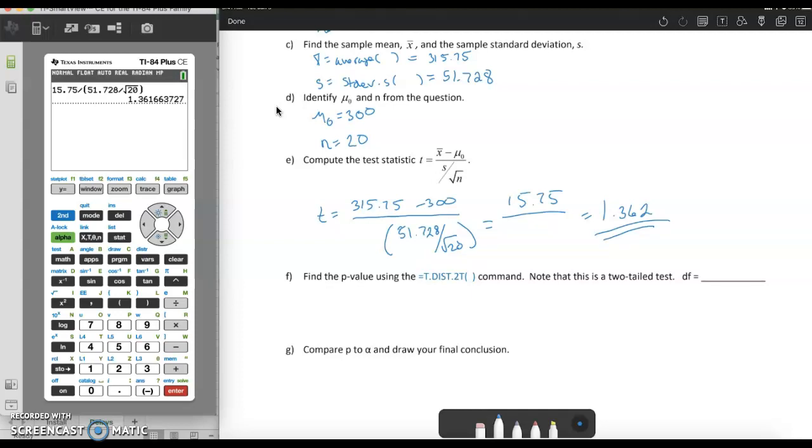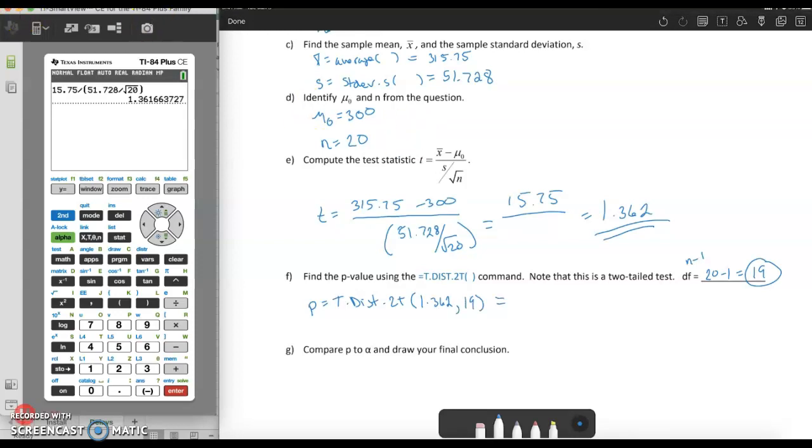Degrees of freedom is always n minus 1. So in this case, it's 20 minus 1, or 19 is what we're going to put in there. So p equals t.dist.2t. And inside of there, we put in the absolute value of the t, so 1.362, comma, the degrees of freedom of 19.